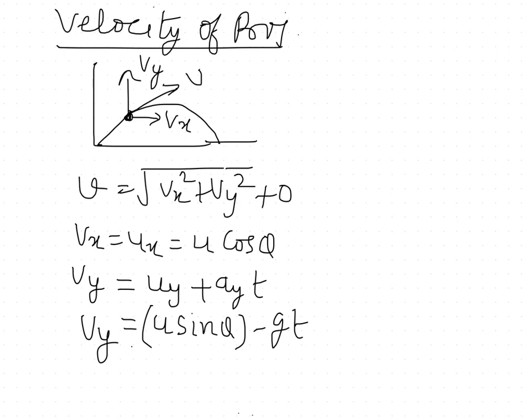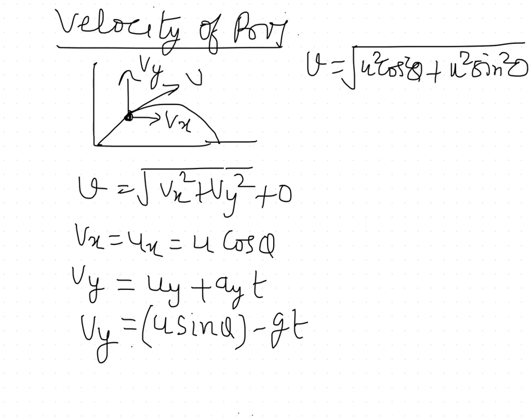So at any instant t, the total velocity v can be written equal to root of u square cos square theta plus u square sin square theta plus g square t square minus 2u gt sin theta.